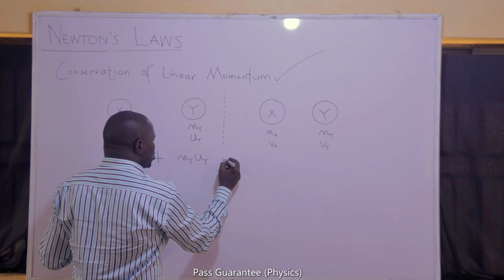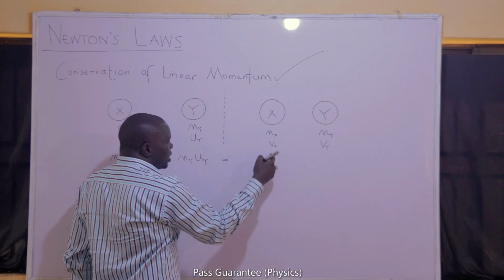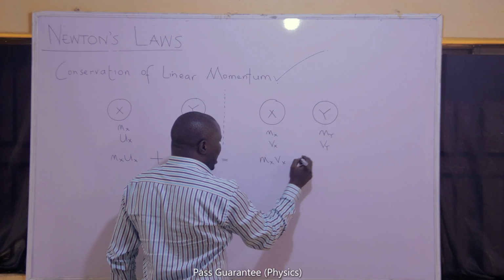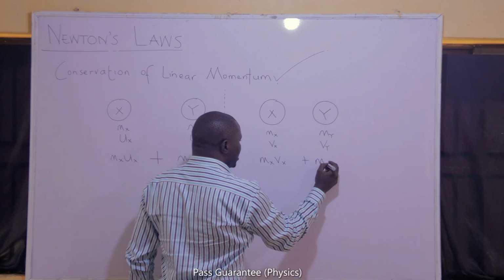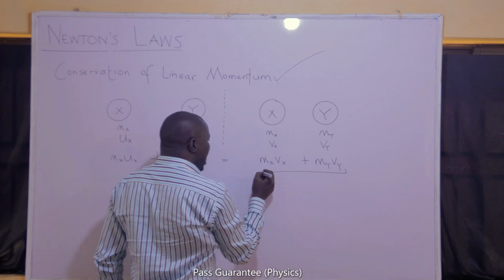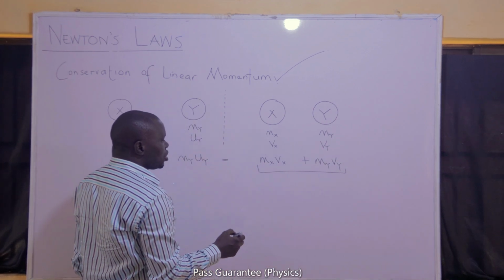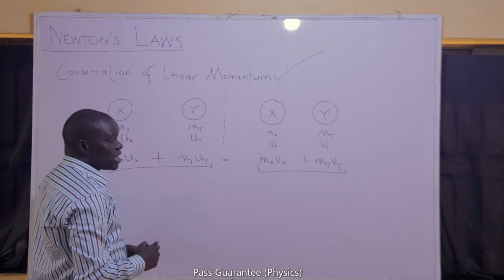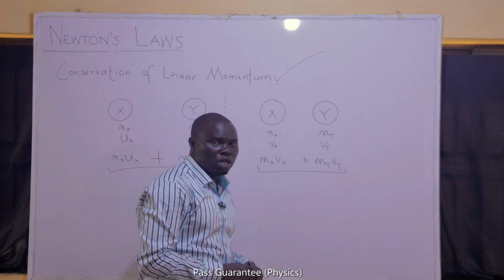I then get the momentum of X after the collision and the momentum of Y after the collision. When I add them together, what I have as their momentum after collision must be equal to the total momentum before collision.